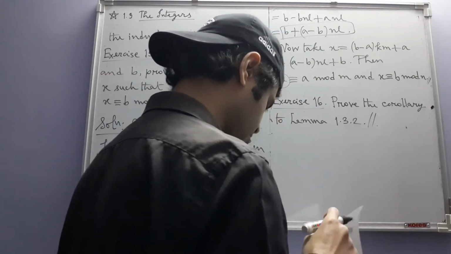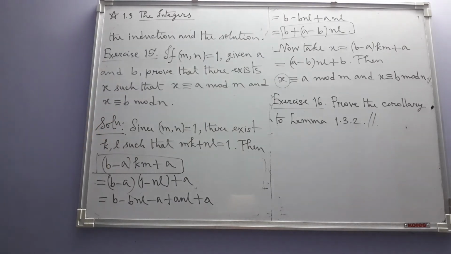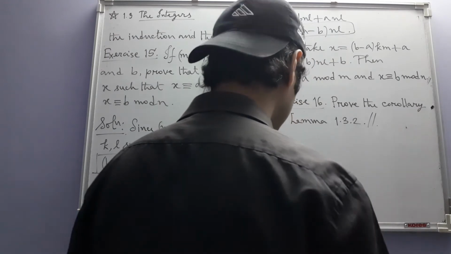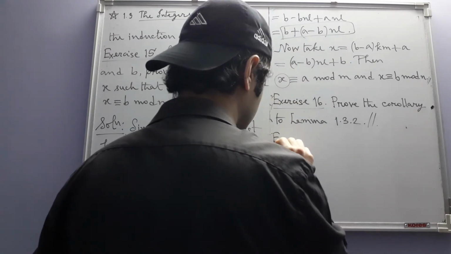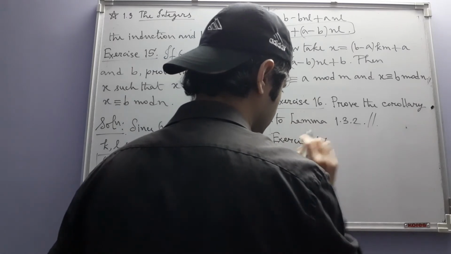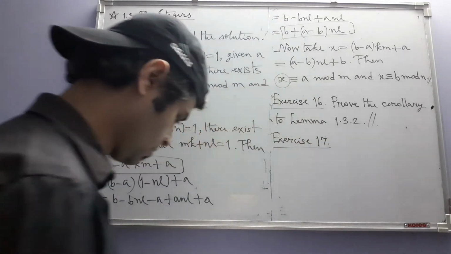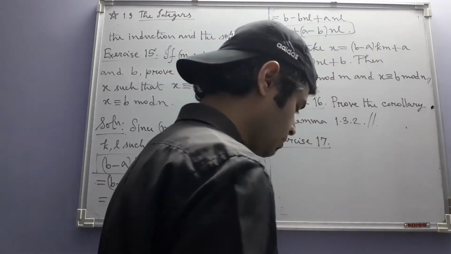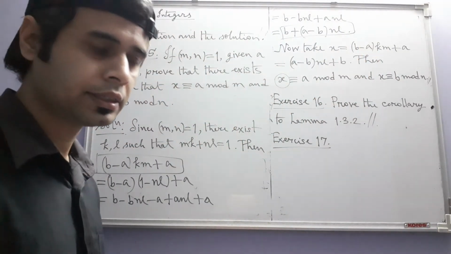And is this the last one, or is there more? No, this is the last one. The 17th one is the last one. Prove that, again, a condition which says that an integer is a prime number.